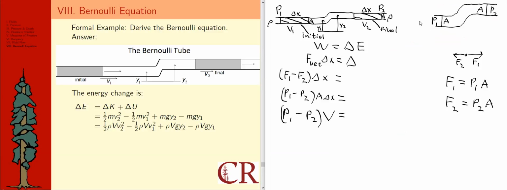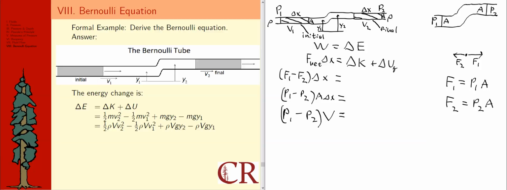So the first part is pretty clear, I think. You can separate the change in mechanical energy into a change in kinetic energy plus a change in potential energy, and that's really gravitational potential energy. So if you wanted to put a subscript G for gravitational potential energy change, you could do that. And then the change in energy in general is going to be final minus initial. So these labels of final and initial that on the slide have also come back here are meant to help us figure this out.